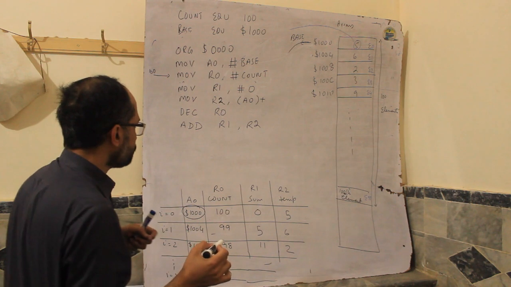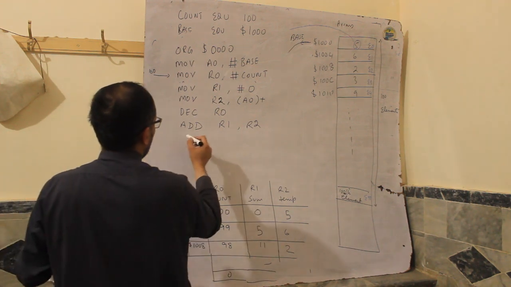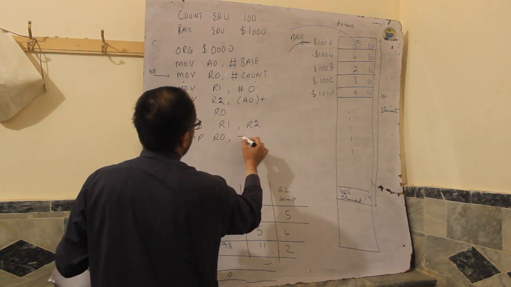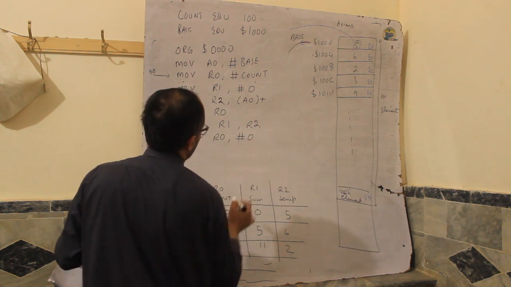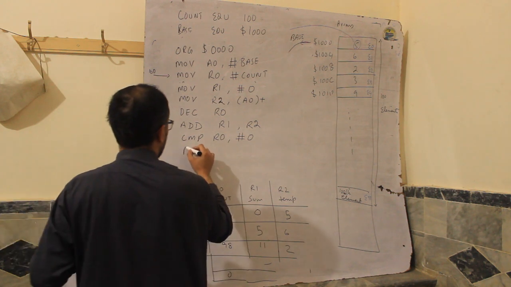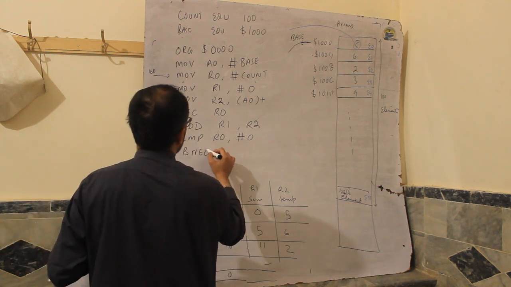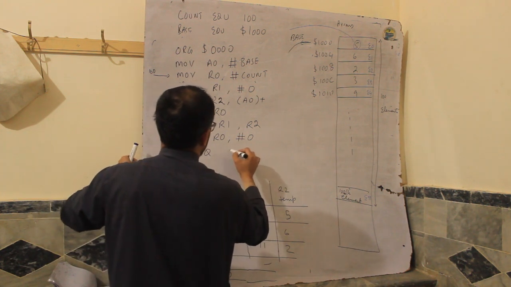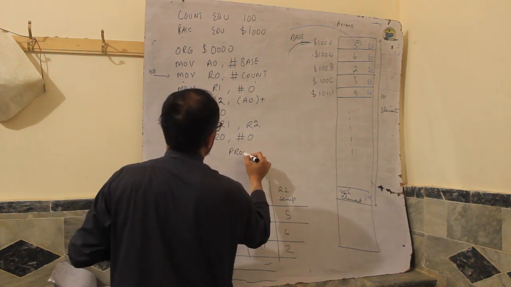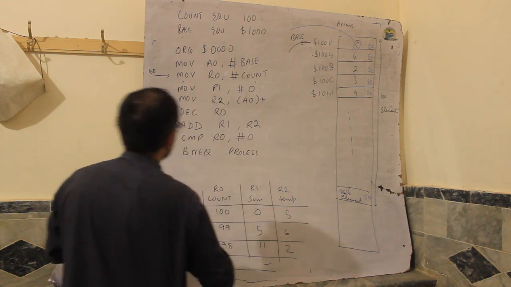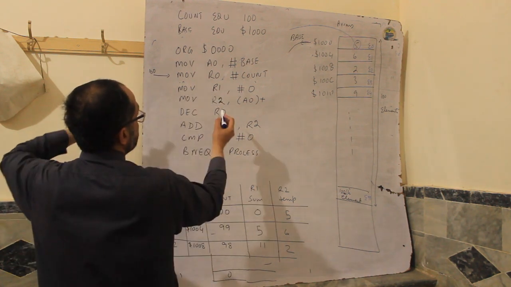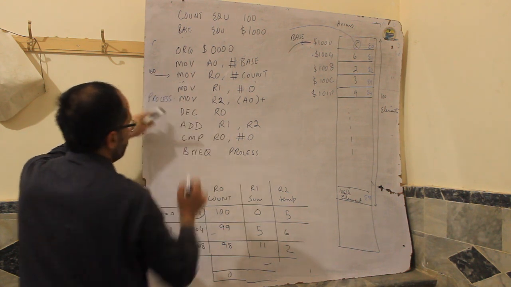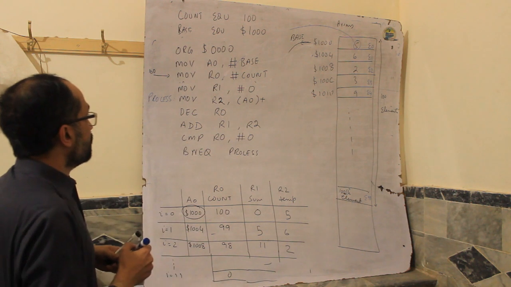Now we have to compare R0 with 0, and if it is not equal, we have to move to process. Process is a label, so the jump will be made here.